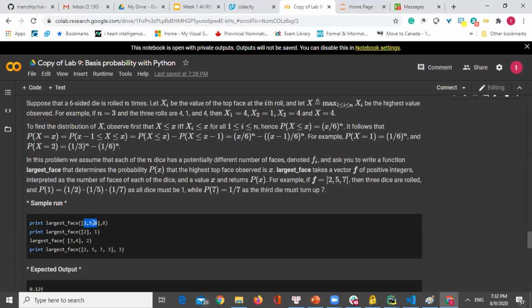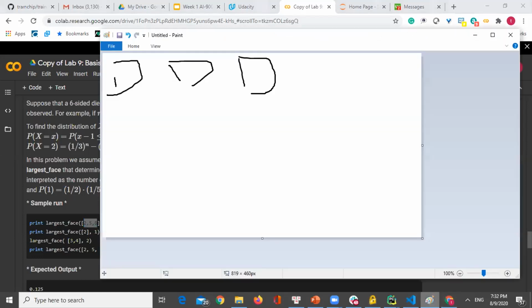Hang on, let me see the logic here. I'm still a little bit lost. Let me draw it out. So we have 3 dice, right? Each one has 6 faces. If we roll them at once, we get 2, 5, 8.